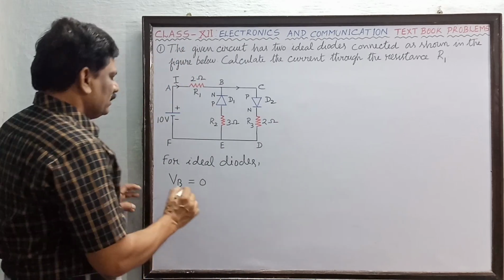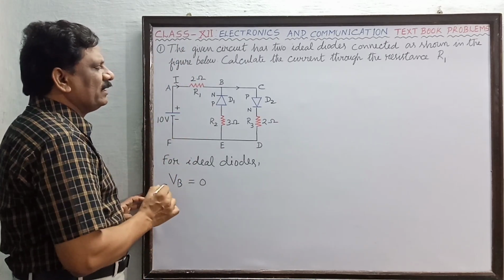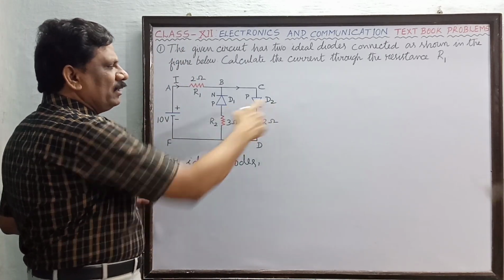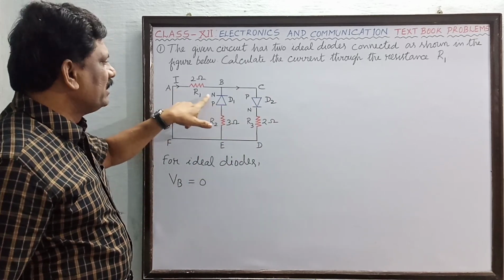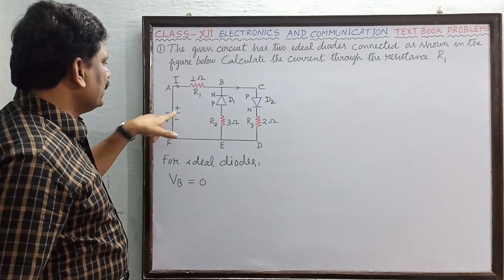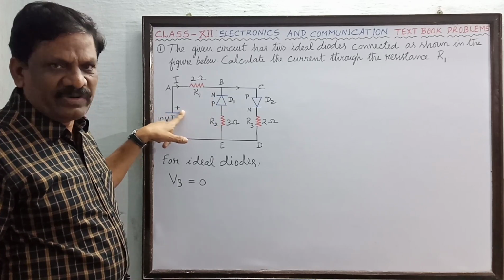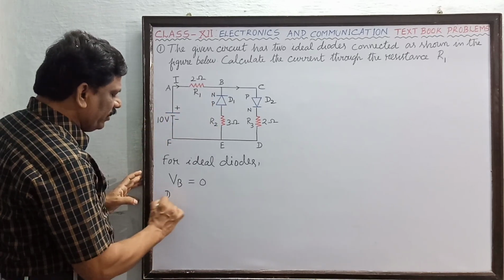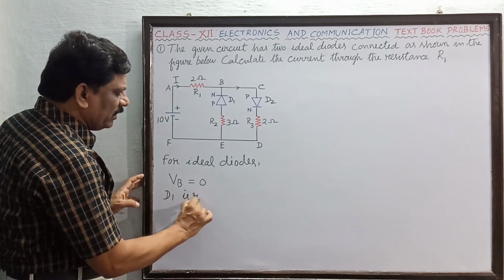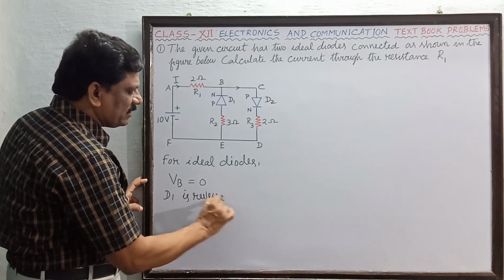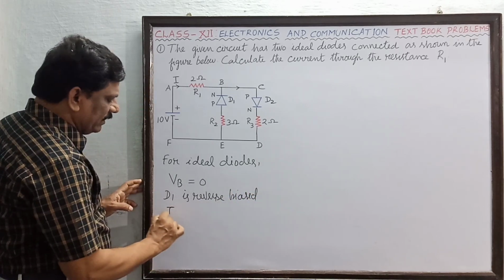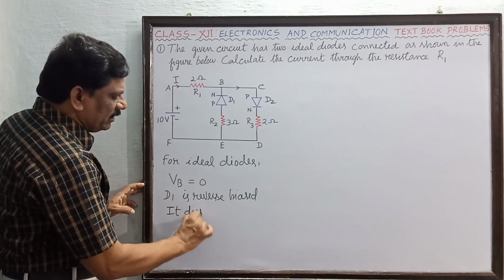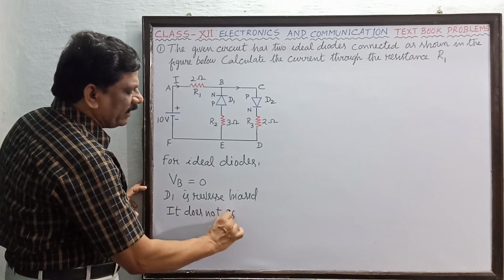Then you can see here, out of the two diodes, the N region of diode D1 is connected to the positive of the battery. So the diode D1 is reverse biased, so it does not conduct current.